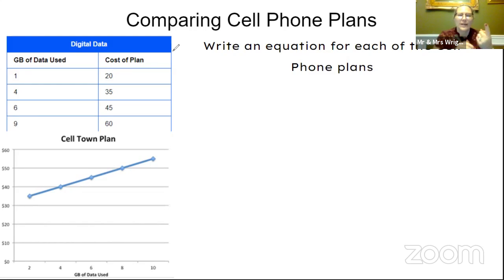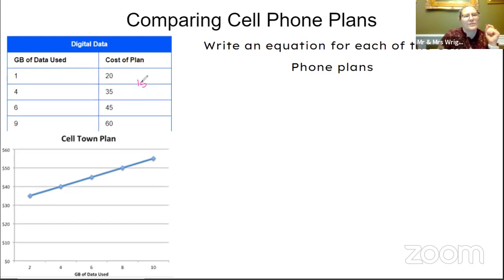We're going to need to know the rate of change and what is the initial charge. Normally, when you're asked to write an equation, you're given words. It says a cell phone company charges blank amount of dollars, no matter what, as a standard fee. And then it costs this much per gigabyte. Well, let's think about it in those terms.